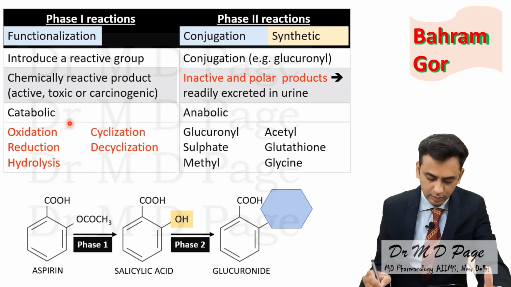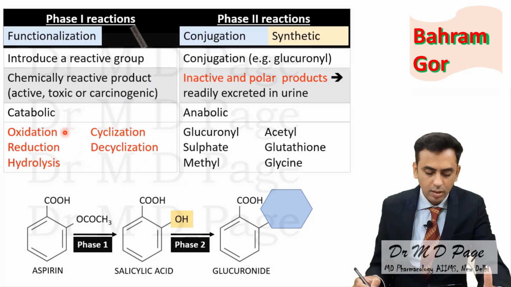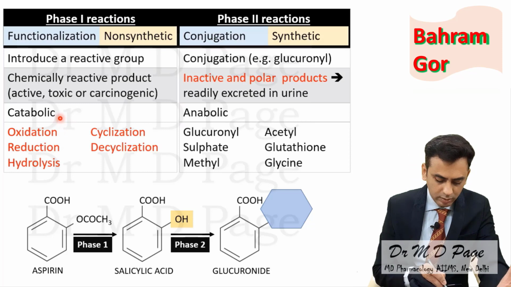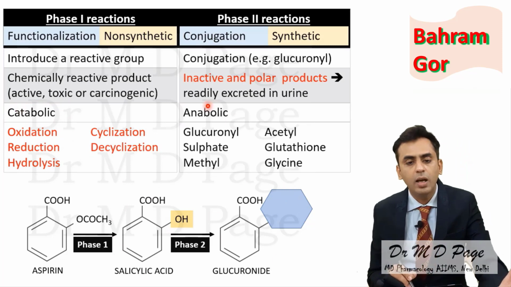Whereas phase 1 reactions, where you are forming an unstable product, are known as non-synthetic reactions. Because the product will be unstable, phase 1 reactions are also known as catabolic. After phase 2 the product is stable, hence these are also known as anabolic.